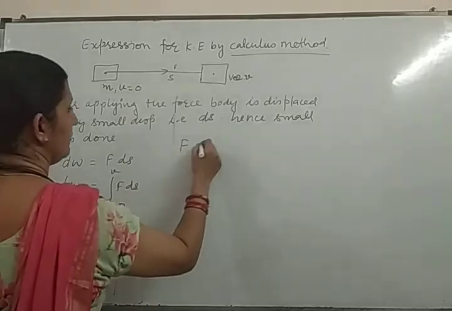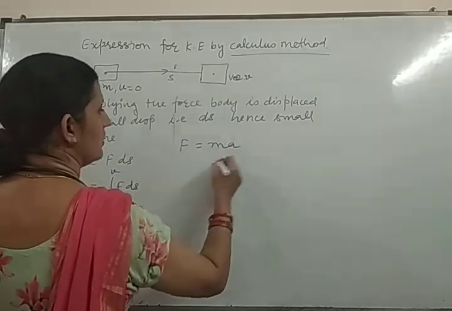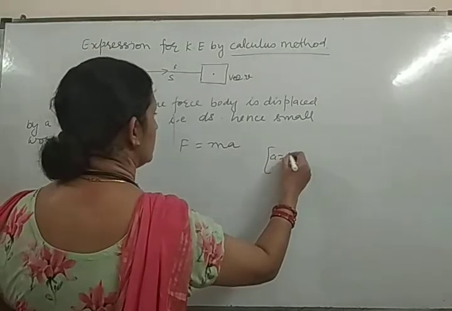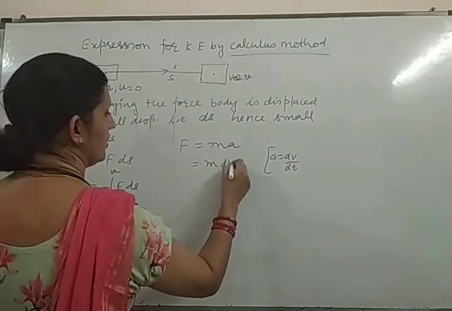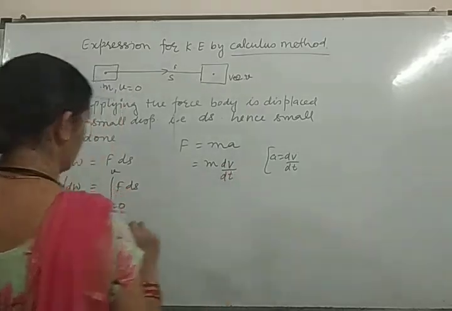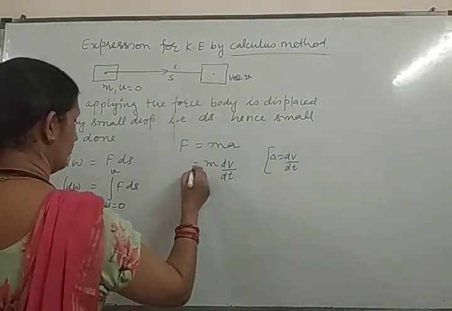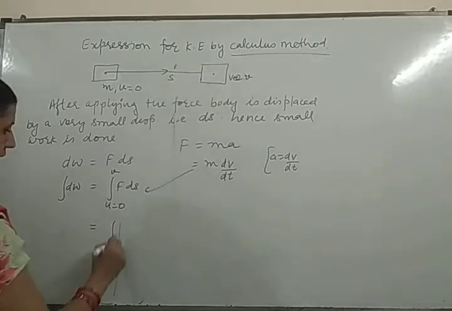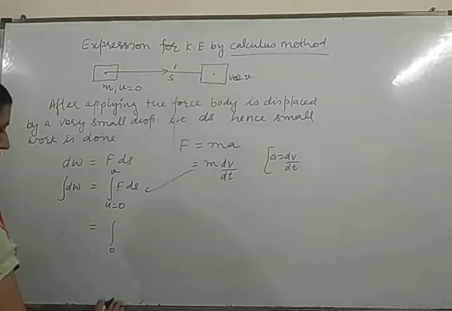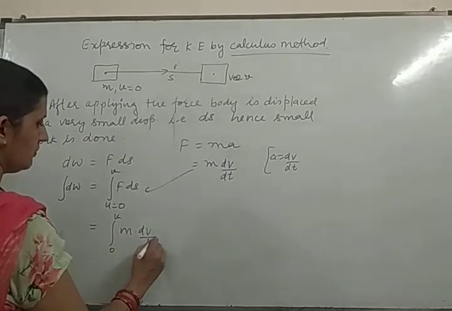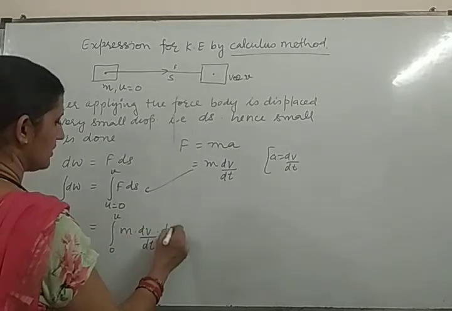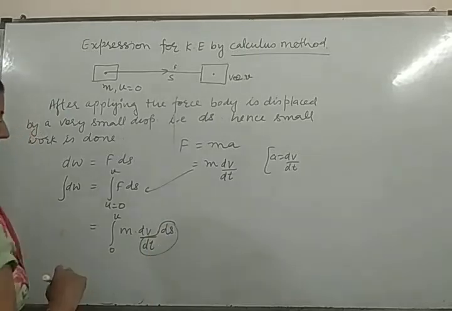Here you have f is equal to ma, and a is what? a is equal to dv by dt. You can write it here as m into dv by dt. Put this value of force here. You will have integral 0 to v of m into dv by dt into ds. Combine these two parameters.